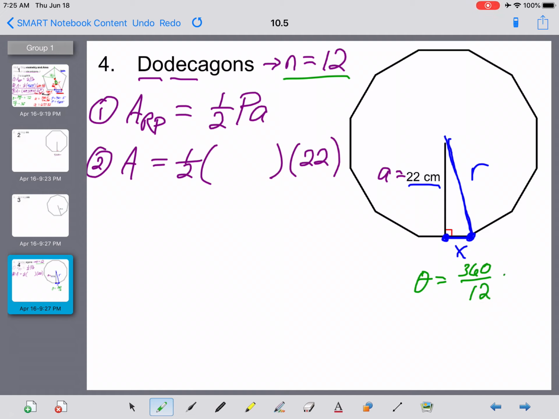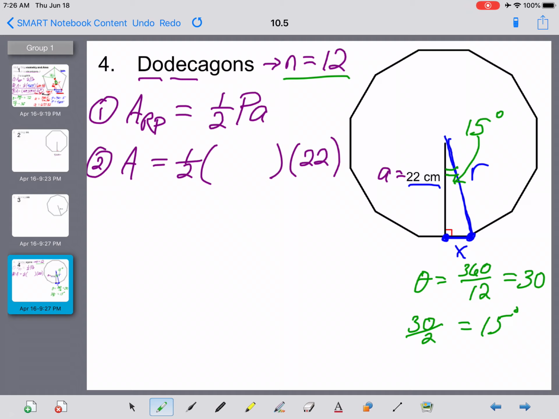So, 360 divided by 12 means that we have 30-degree central angles. And that means that the angle that we're looking at, the one right here, is always that central angle divided by 2. So that is a skinny little guy of 15 degrees. I'm going to have to write that outside of the triangle and put an arrow right there. That's a 15-degree angle.